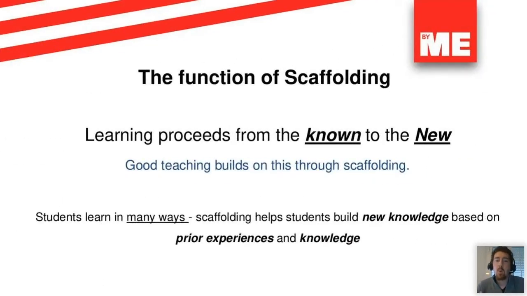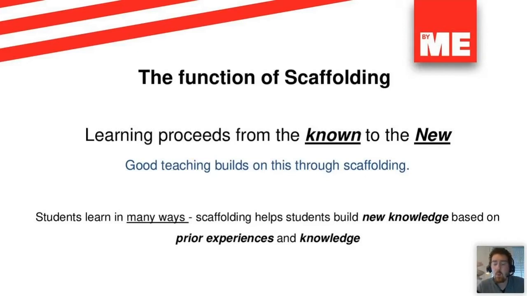Now, we know as teachers that learning proceeds from the known to the new, and good teaching builds on this through scaffolding. And within this, it's important that we know our students. We know what they're capable of. We also know their interests. We know what frustrates them in the classroom. We know what interests them in the classroom.